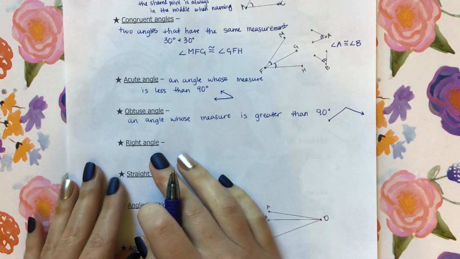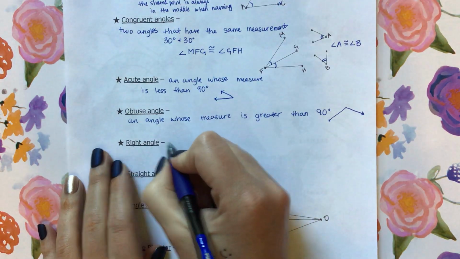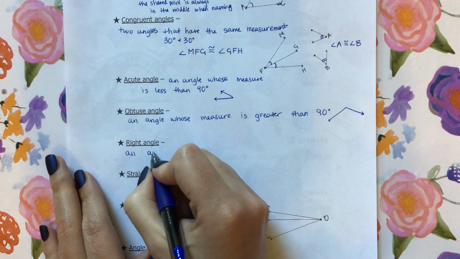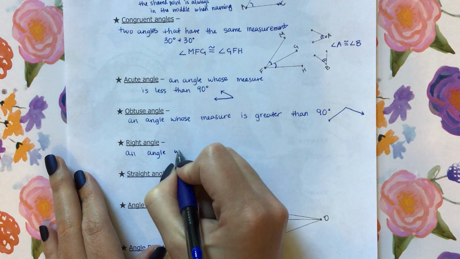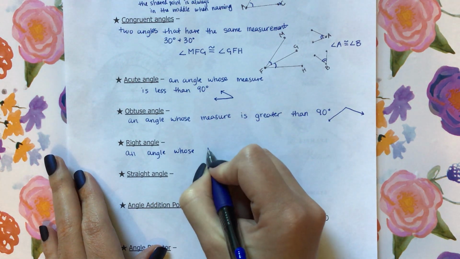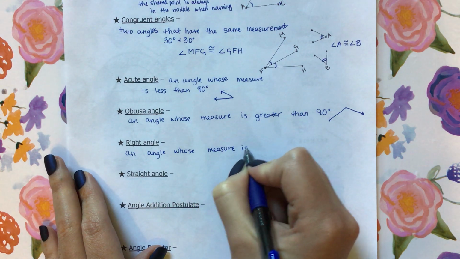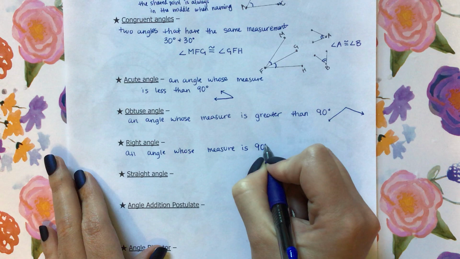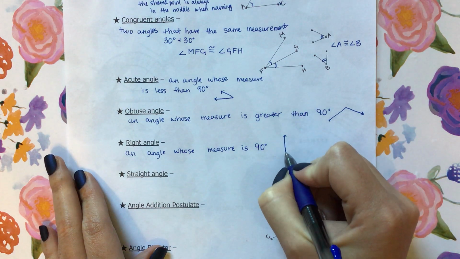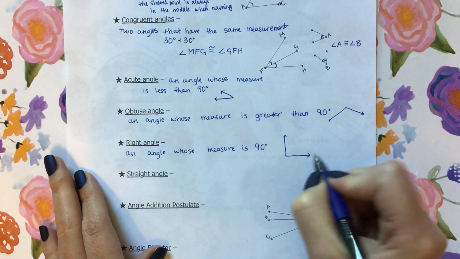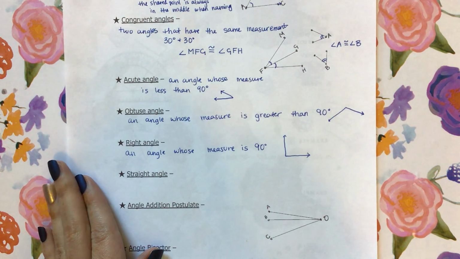A right angle is an angle whose measure is 90 degrees.